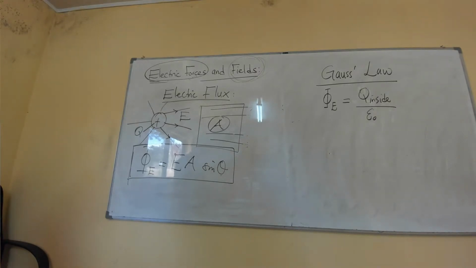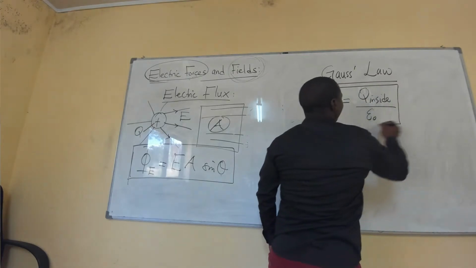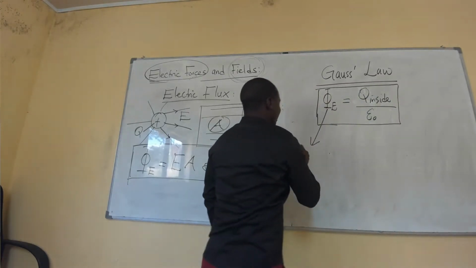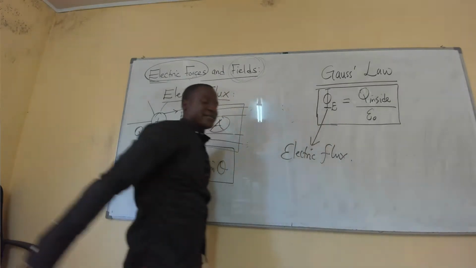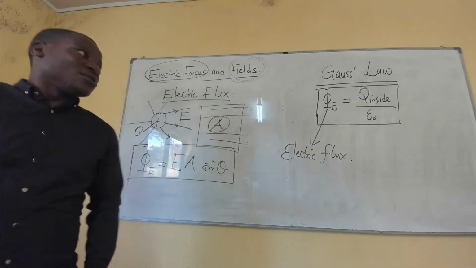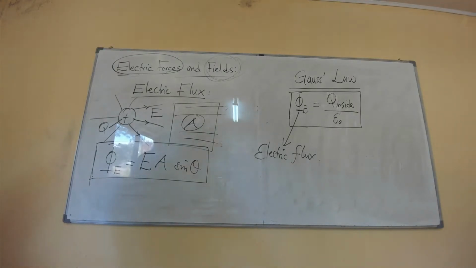So we are saying the Gauss law actually states that the electric flux, which is this, on the left-hand side of the equation, through any enclosed surface is actually equal to the net charge inside the surface divided by epsilon 0.